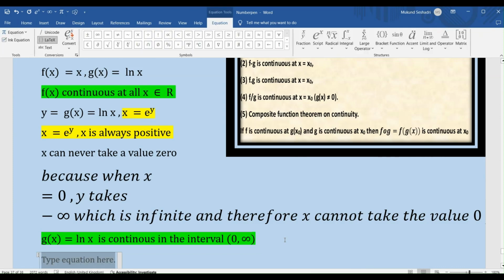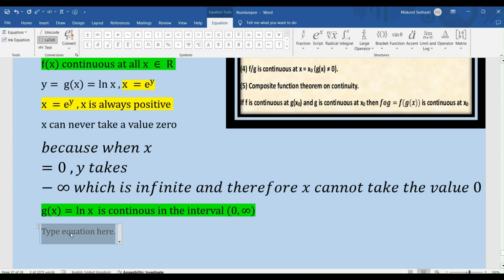Therefore my x ln x, which is the answer for this question, therefore h of x, which is equal to f dot g, is continuous only in interval 0 to infinity, right?